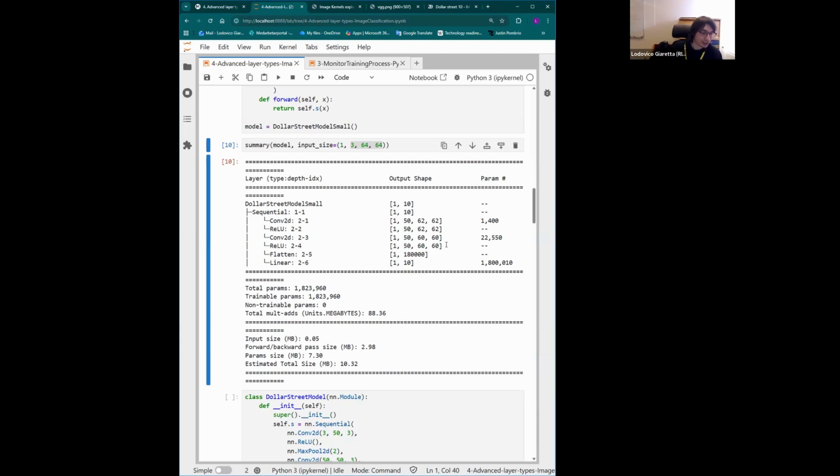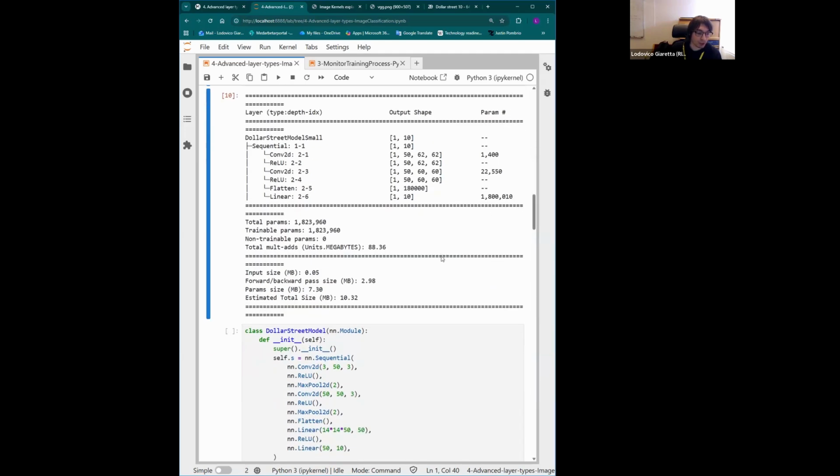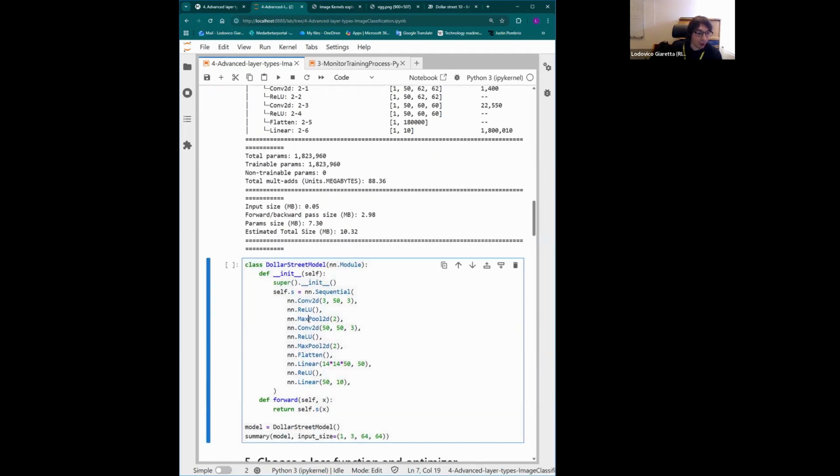But the way we can address this is by introducing a new type of layer into the mix, which is called the pooling layer. What a pooling layer does is it shrinks the size of your image. It's like you compressed your image.